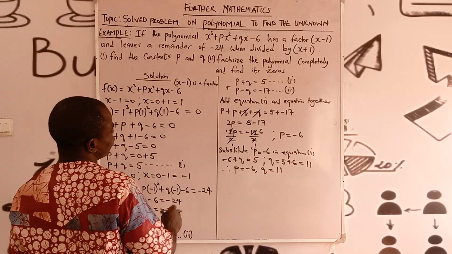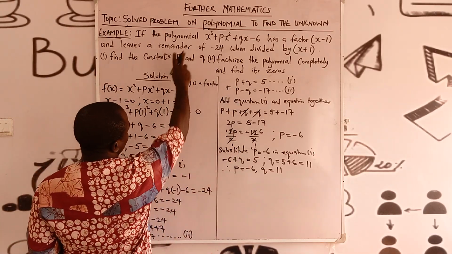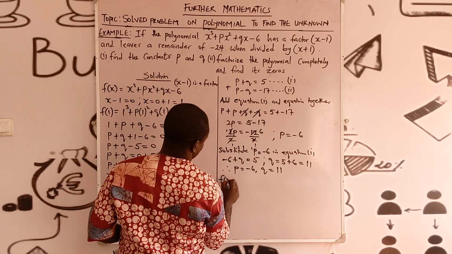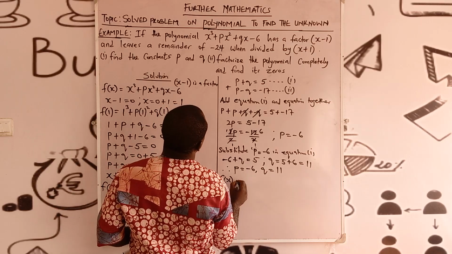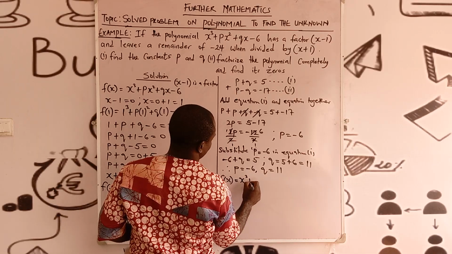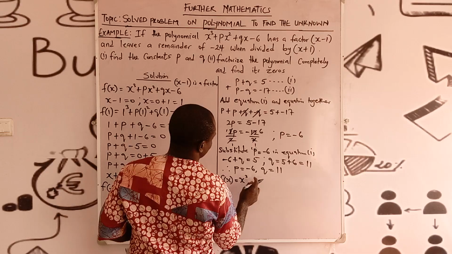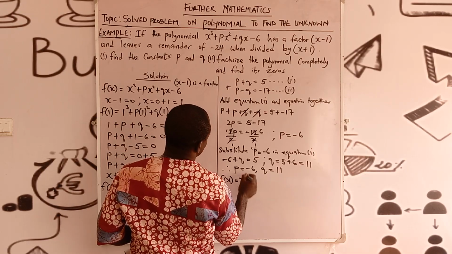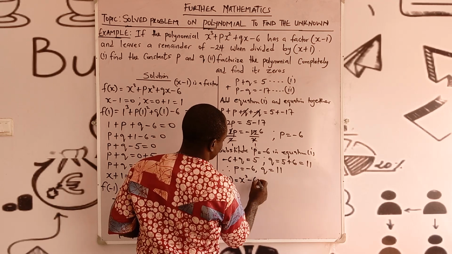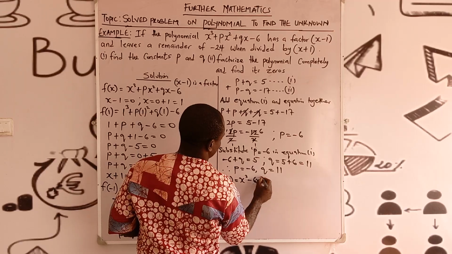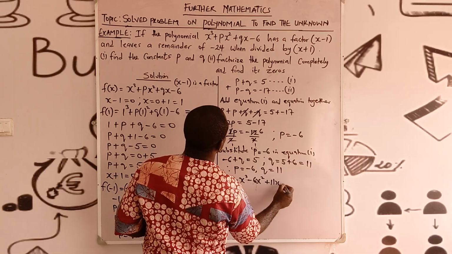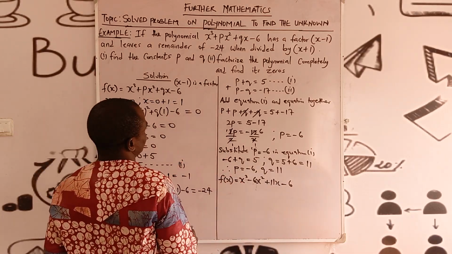Now, what we need to do now is to factorize. Let's substitute back into the equation. Okay, f of x equals x cubed, negative and positive turn to negative, minus 6x raised to power 2 plus 11x minus 6.